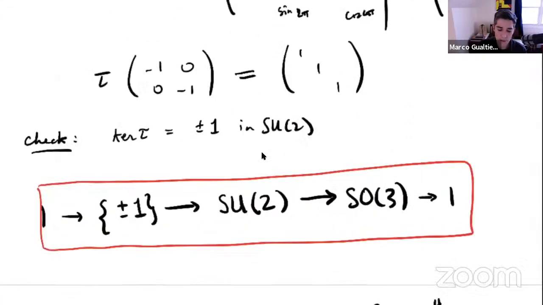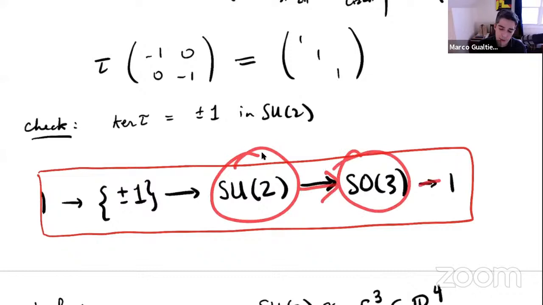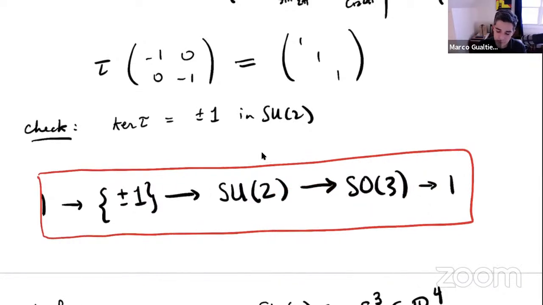So I've described this, this is the standard way that mathematicians use to describe these mappings of groups. We have a group homomorphism, and this mapping to 1 is just a way of saying that this map is surjective. This just means that this map here is surjective.